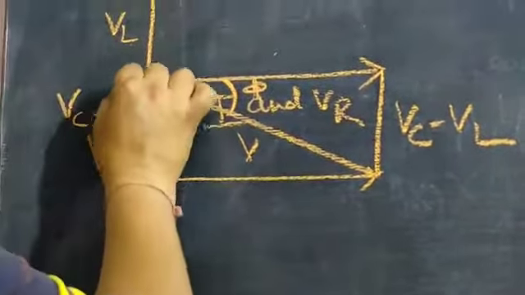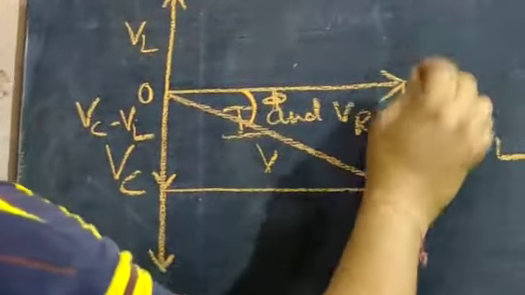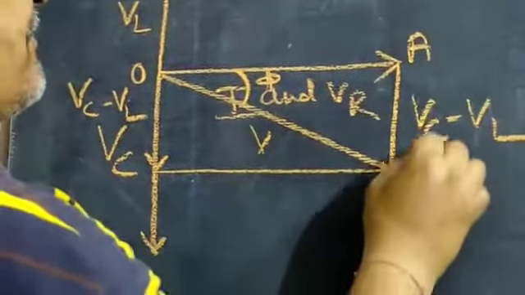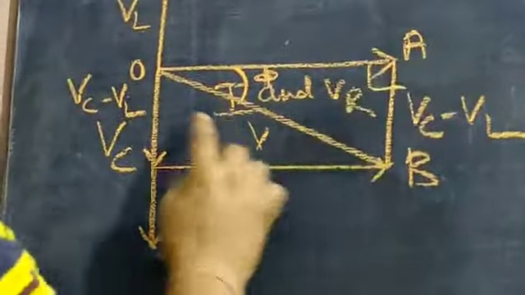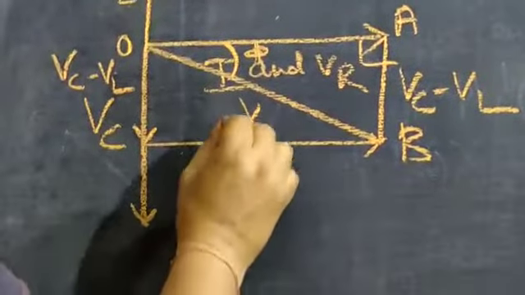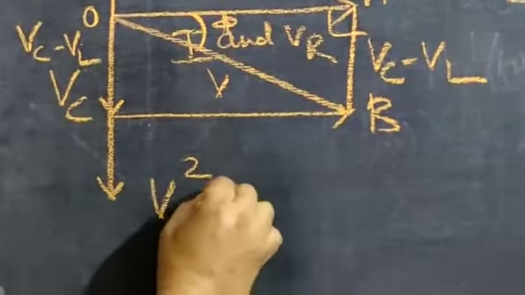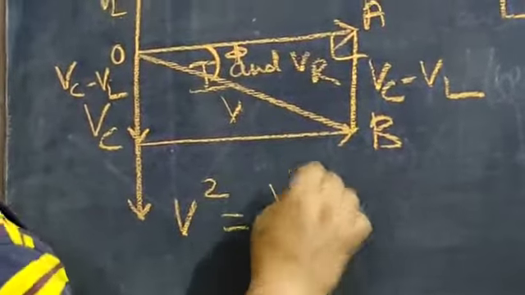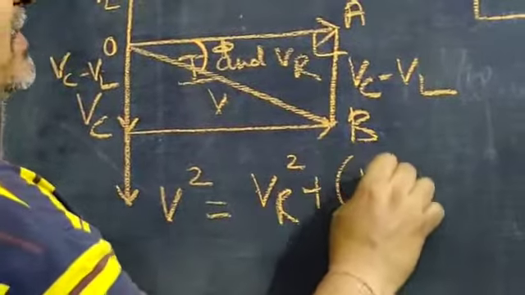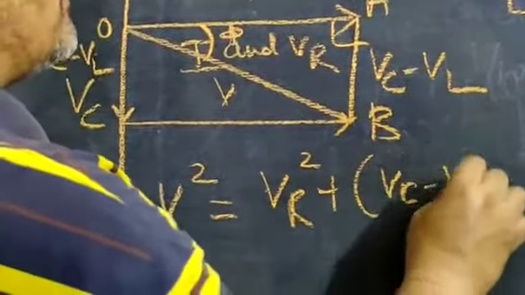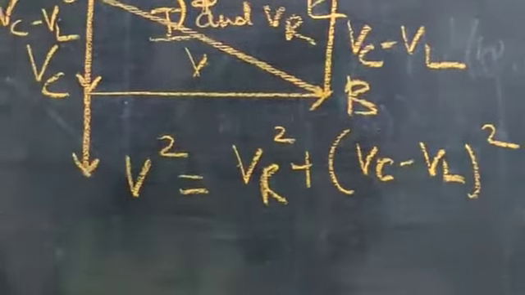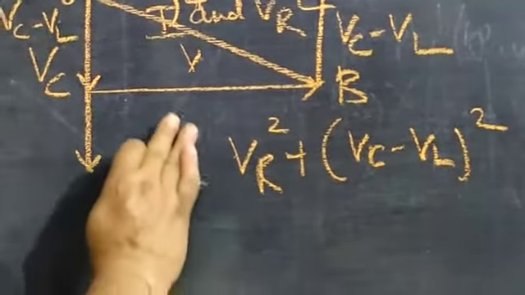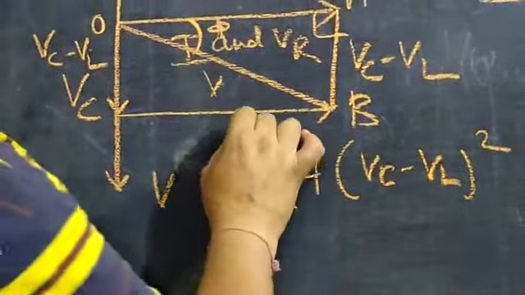So in this triangle OAB, in right triangle OAB, using Pythagoras theorem, V squared is equivalent to VR squared plus (VC minus VL) whole squared, or V will be equivalent to the root of the right hand side.